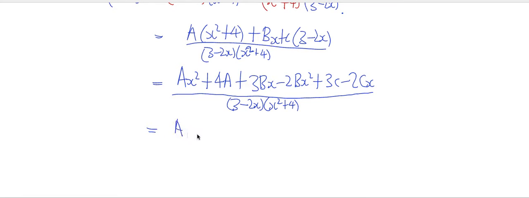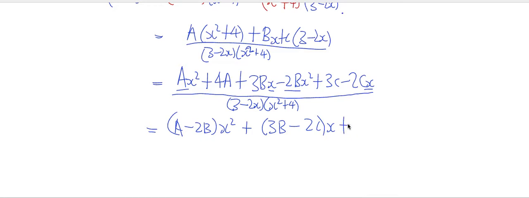So I have Ax squared and negative 2Bx squared, so it's A minus 2B times x squared, and then for the x terms, in brackets, 3B minus 2C times x, and then plus what's left, 3C plus 4A.